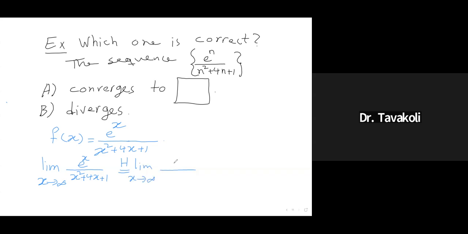The derivative of e to the x is e to the x. The derivative of x squared plus 4x plus 1 is 2x plus 4. Now when x tends to infinity, e to the infinity on the top is infinity, and at the bottom, 2 times infinity plus 4 is still infinity. So we can keep using L'Hopital's rule.